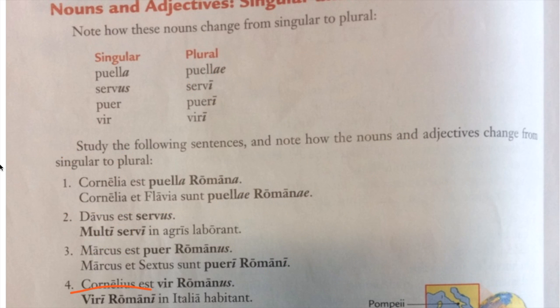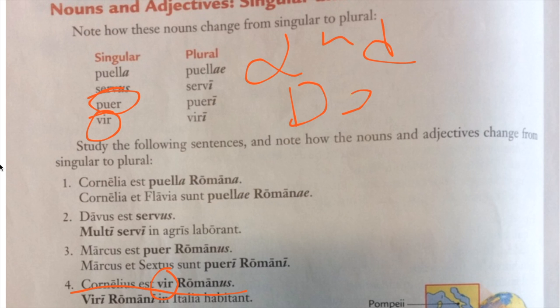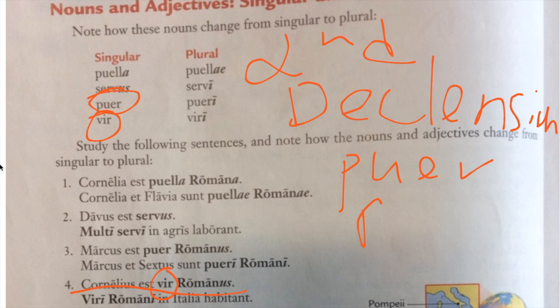Same here, Cornelius est vir Romanus. So the words vir and puer are second declension nouns, and they don't have an ending, they just are. So puer declines like this. It'll be very similar to the word servus, which is also second declension.